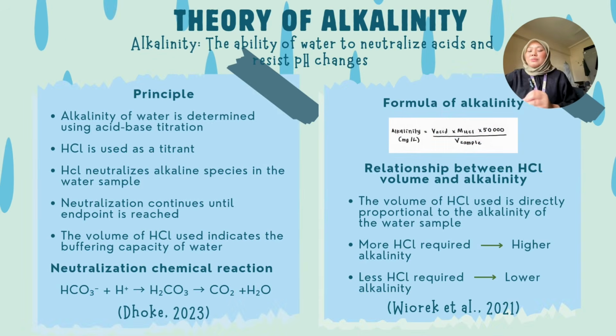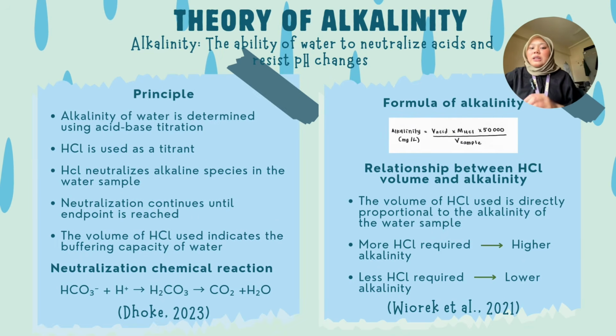Next, I will explain the theory of alkalinity. Alkalinity is the ability of water to neutralize acid and resist changes in pH. It is determined using acid-base titration, where HCl is used as the titrant to neutralize the alkaline species in the water until the endpoint is reached.